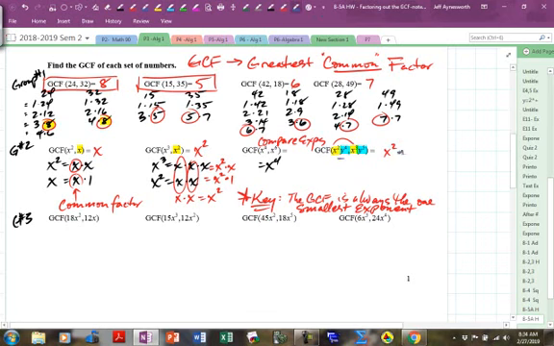So our GCF is x squared times y to the fourth. You compare variables one at a time, so you compare the y's and then you compare the x's. Compare exponents and choose the smallest one.